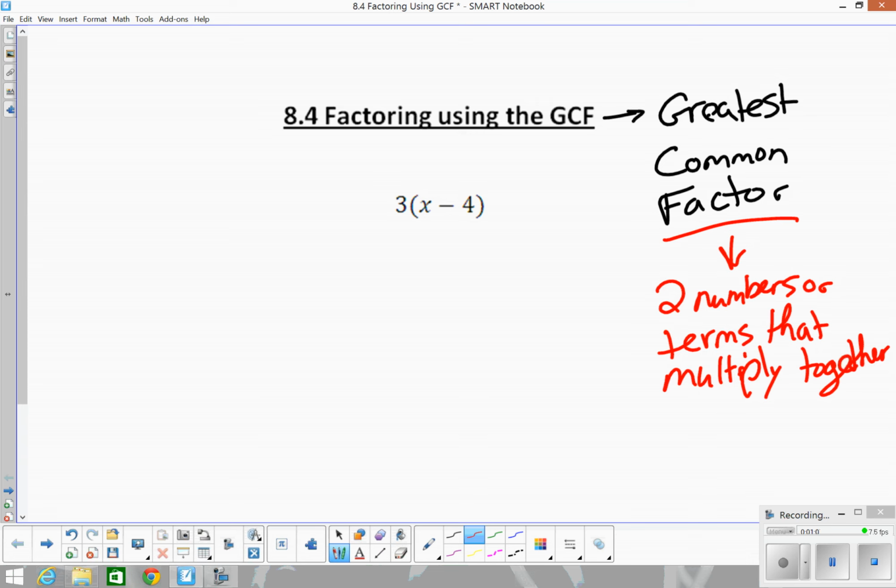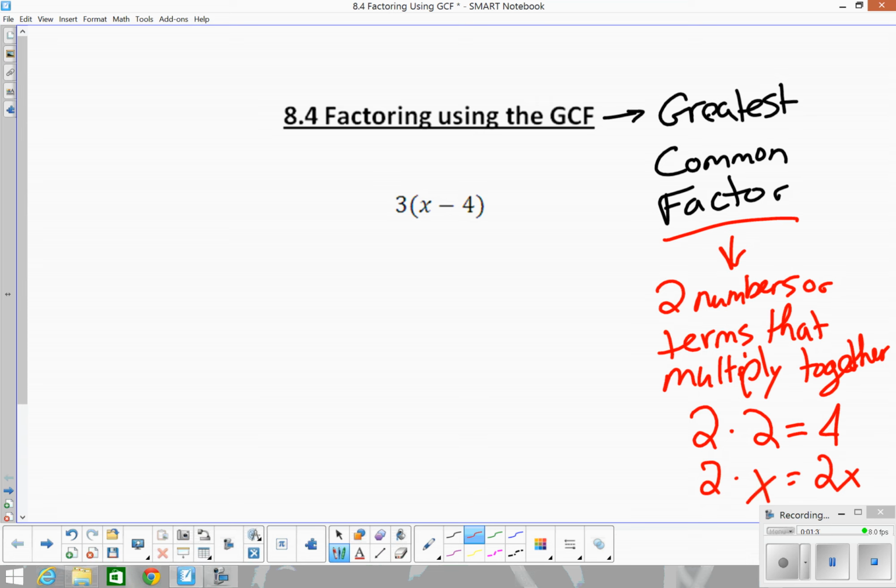Okay, so if I said 2 times 2 equals 4, right? We know that 2 times 2 equals 4. 2 times 2 is a factor of 4, okay? Or you could say 2 times x equals 2x, right? 2 and x are factors of 2x, okay?